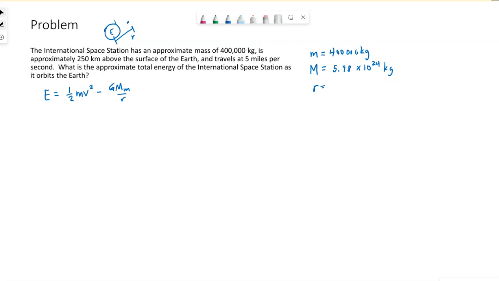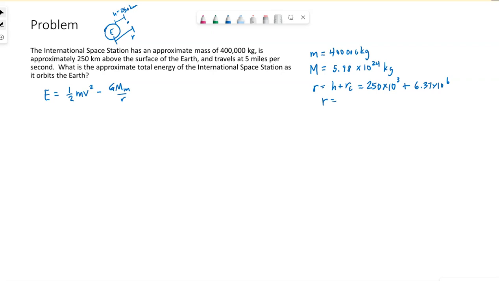The problem has given us H, this 250 kilometers. So we need to add the radius of the Earth to that to have our total R value. So the radius of the Earth, 6.37 times 10 to the 6th.